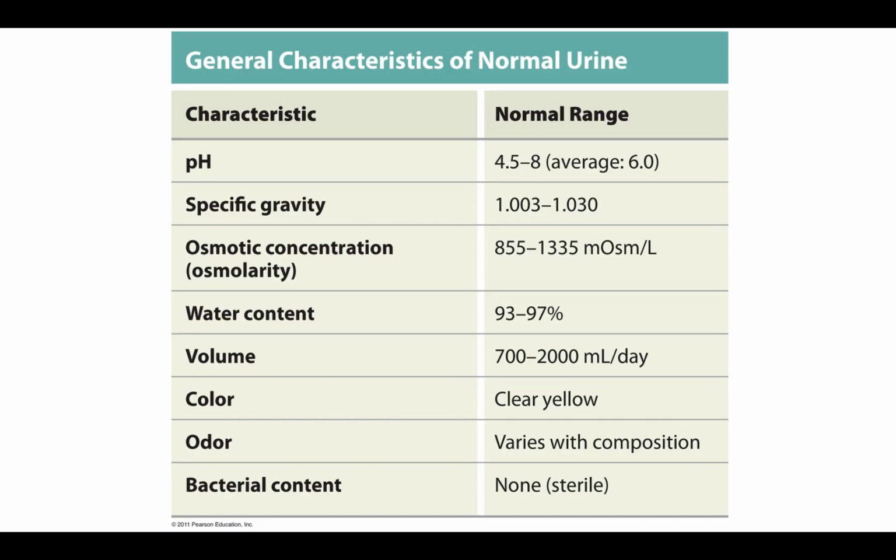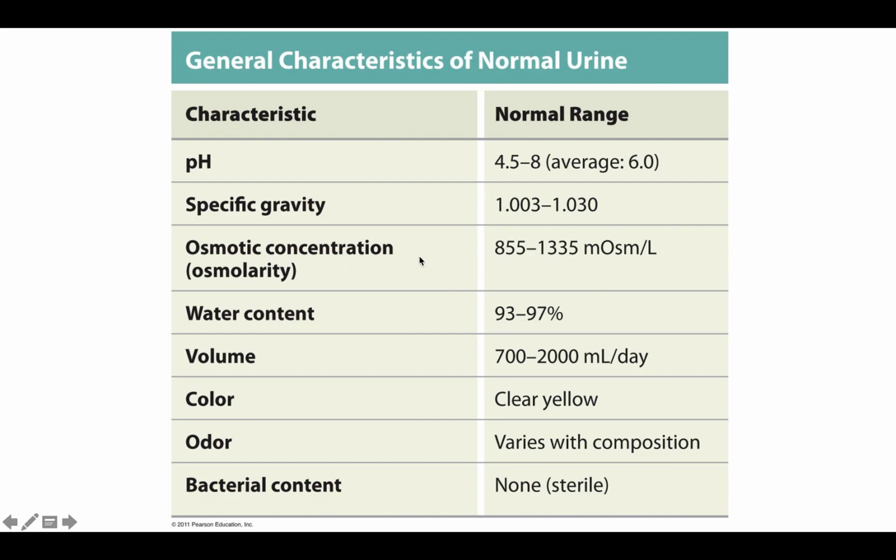Okay, so another look at your normal averages with urine. It does have a pH of 4.5 to 8. Your average is about 6. Specific gravity, we can go into that. We were going to do a lab, but because we're at home, we're not able to do that. But it has to deal with buoyancy, I guess, pretty much the force of gravity on it.